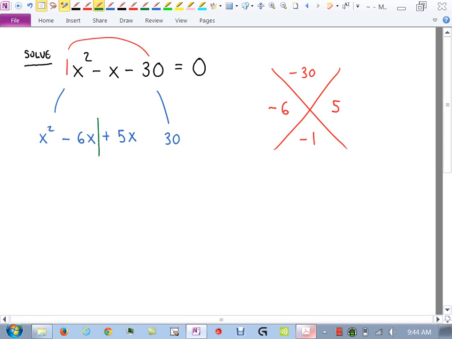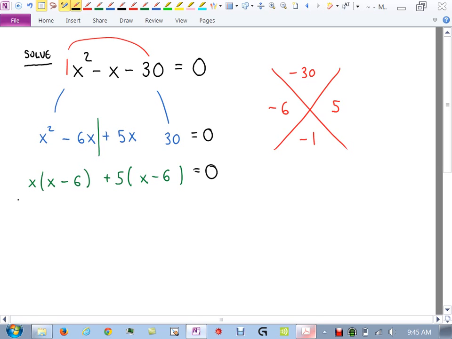GCF out of the first 2: x left with x minus 6. The other one, I need an x minus 6 again. What goes in front then? 5, so plus 5. And what did I forget? Equals 0. Bring this equals 0 down.